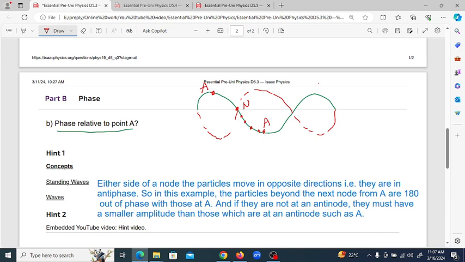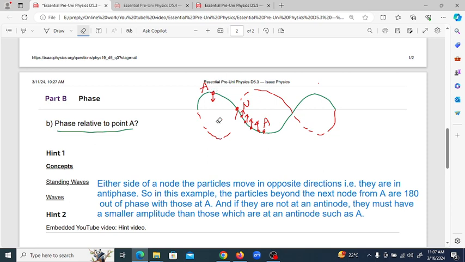Then we have to find the phase relationship between A and these points after the node, just before the next antinode. As we know, this antinode is going downward, and these points are going upward. So the stationary wave is moving up and down.